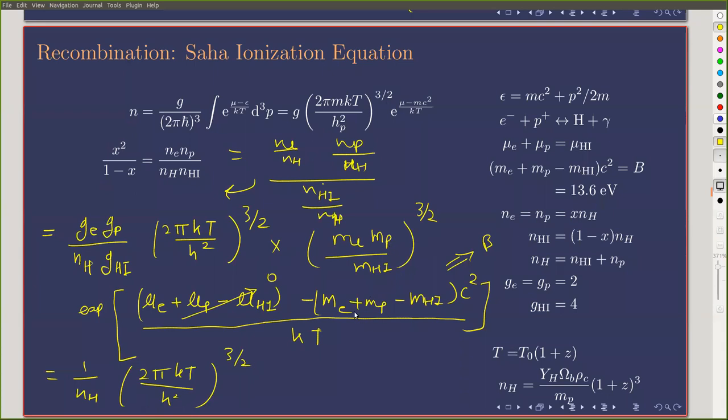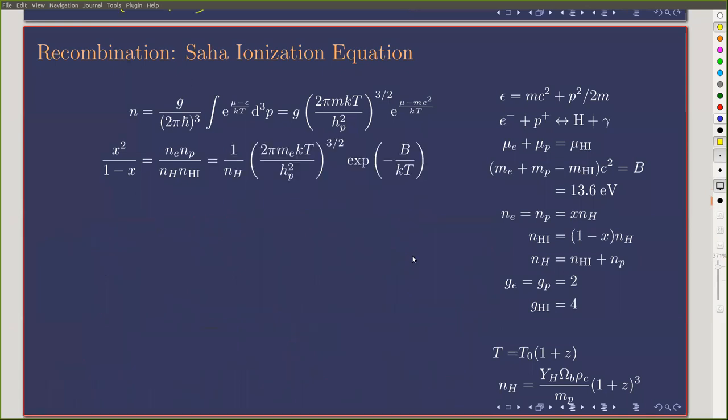In this one, when we are subtracting the mass of proton and the mass of neutral hydrogen, we cannot cancel those two because there is a small gap and it's multiplied by c squared, which is basically the binding energy. So it's a large factor. But here we can simply cancel them. So we have the mass of electron, and this is the binding energy over kT. So we can write that here.